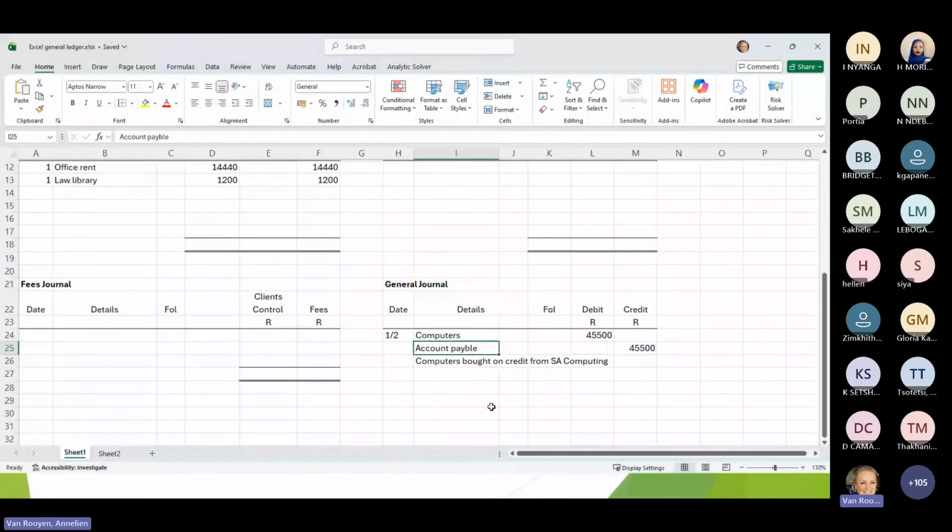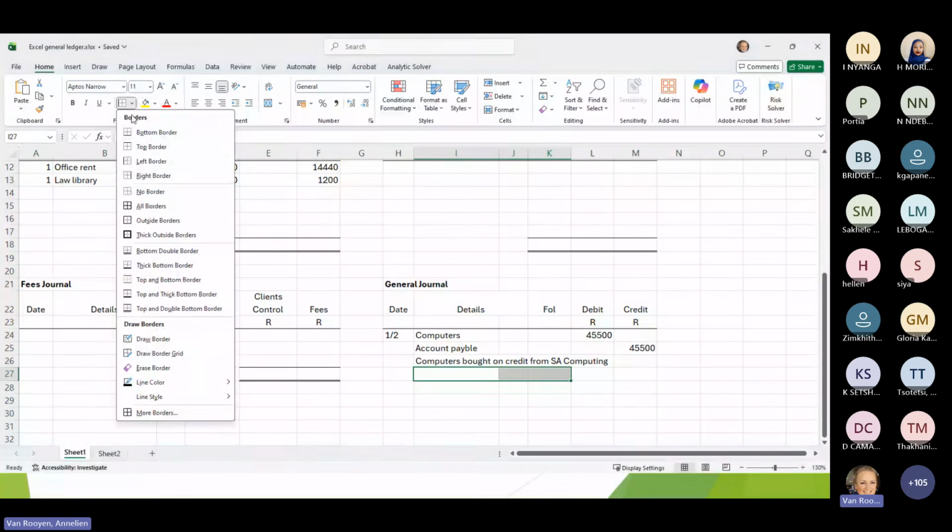Can you hear anything about cash? A partner took one of the computers home for his son to use. Can you hear there's no cash? So what other journal will we then use? The general journal. Is that clear to you? Do you understand that reasoning?